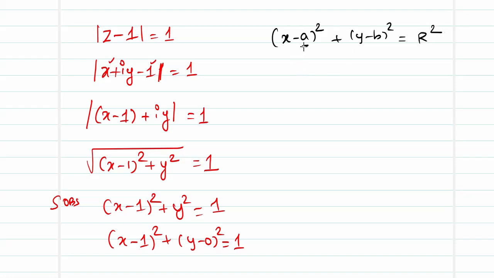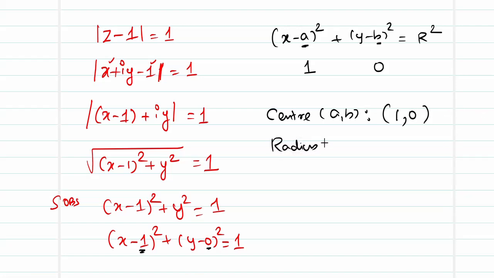In which case, what is in place of a? I have a equal to 1. What is in place of b? I have b equal to 0. So the center is given by a comma b, and in this case the center is 1 comma 0. And what is going to be the radius? Radius r is equal to 1 unit for me.